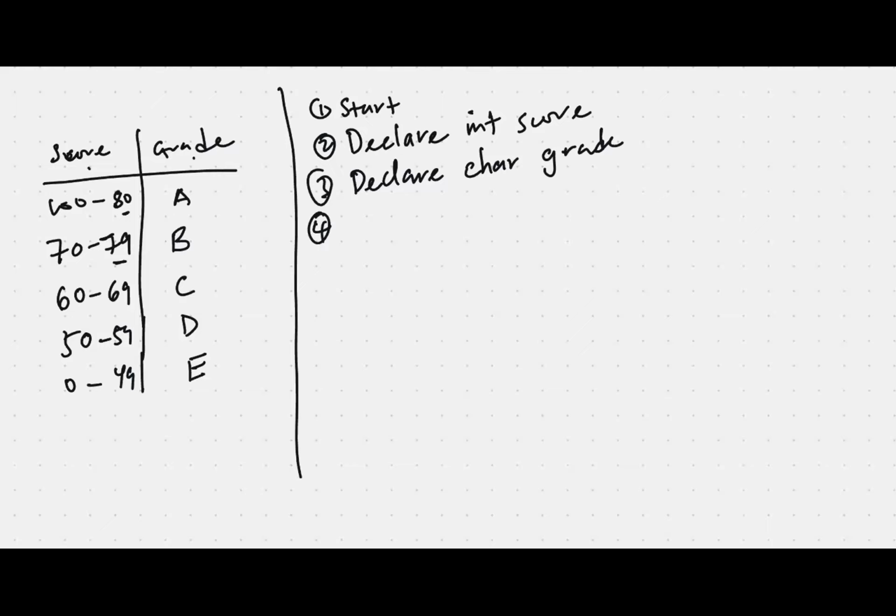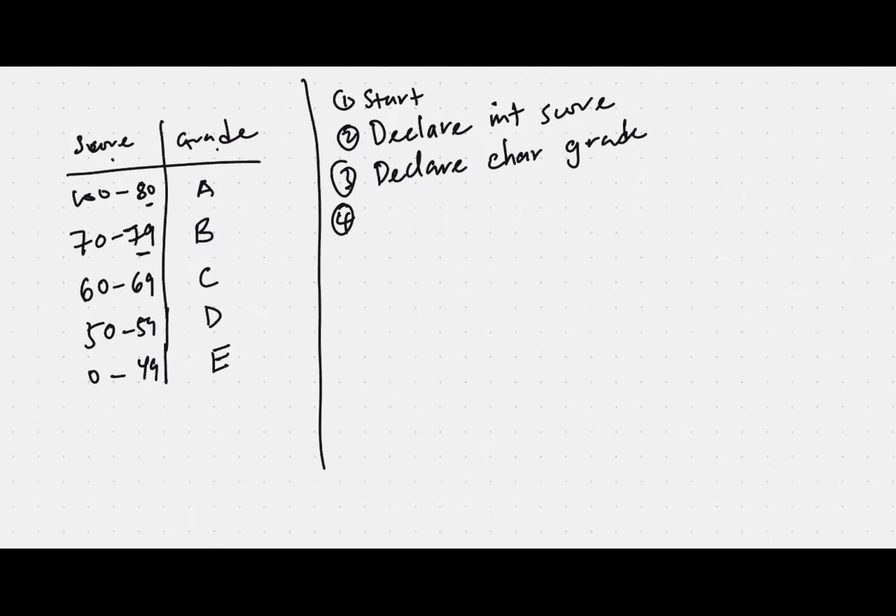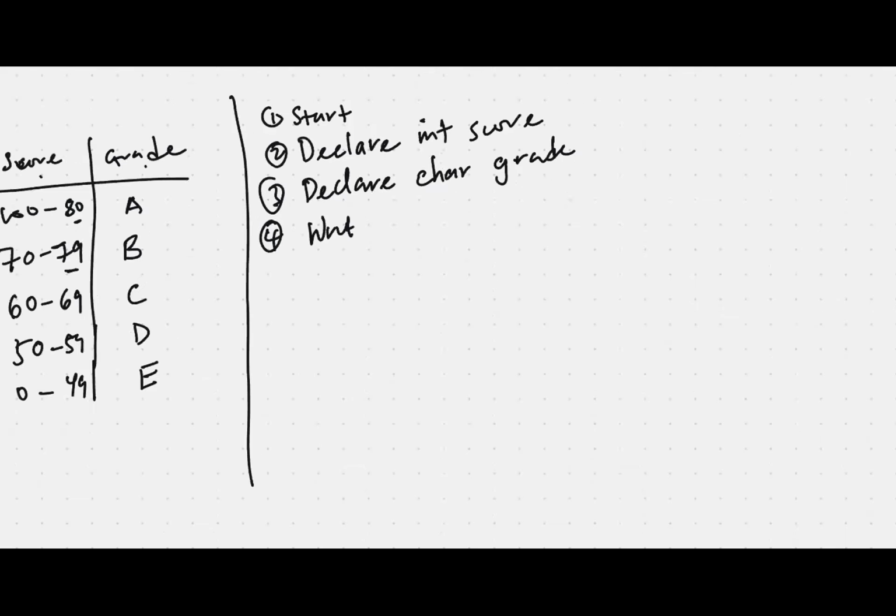So we write, enter your score. Number 5, we need to input score. So now we have the score inside the variable called score.